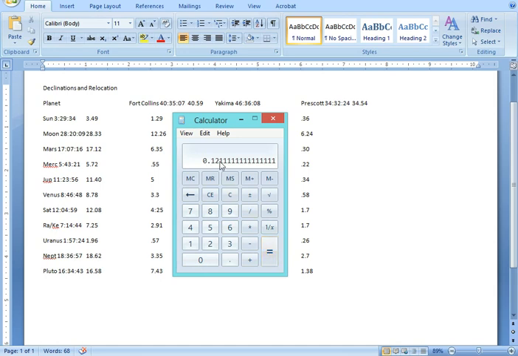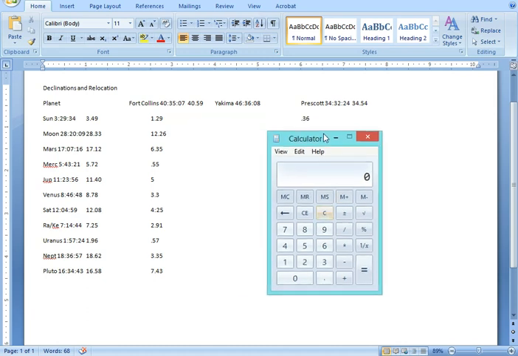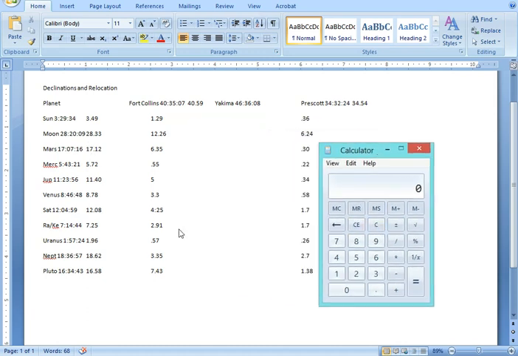It's 0.1211. So 17.12 degrees is the decimal equivalent of 17°07'16". So we need to go through that for all of the planets, to get that decimal first to start with.